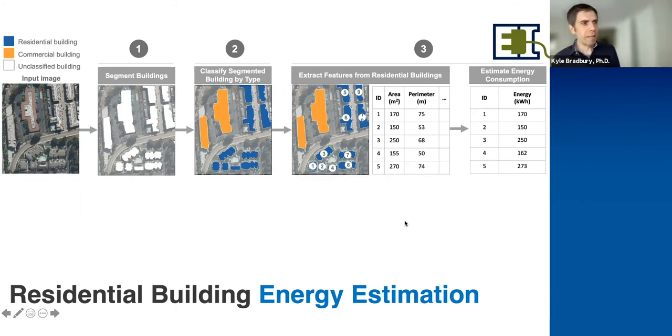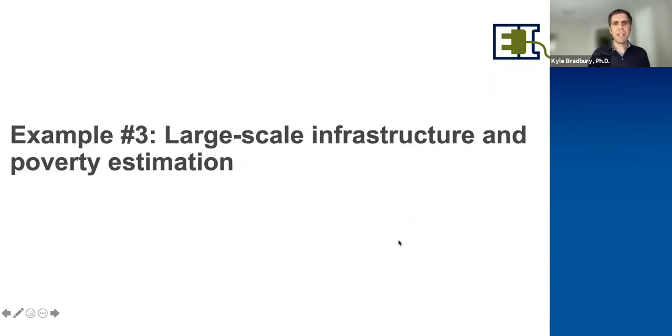And I'll share one other application, which is not from our team, but I think is really interesting. It's on large scale infrastructure and poverty estimation. And so this team of researchers did something pretty interesting.